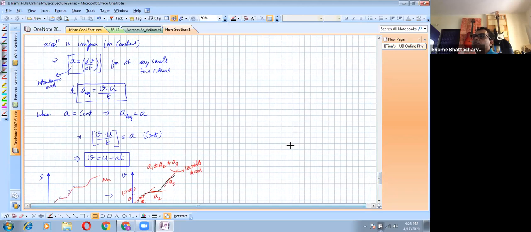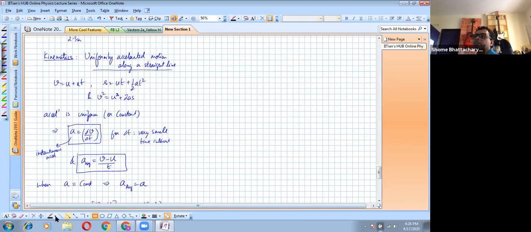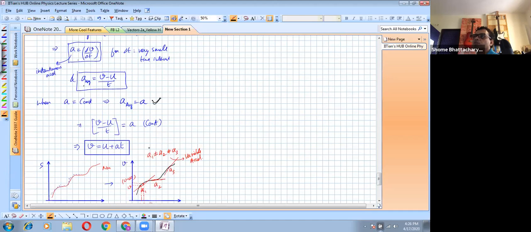Since I'm talking about uniformly accelerated motion, what that means is that the instantaneous acceleration will always be equal to average acceleration. Okay? That further gives me that v is equal to u plus at, or in other words, velocity versus time has to be what kind of graph?